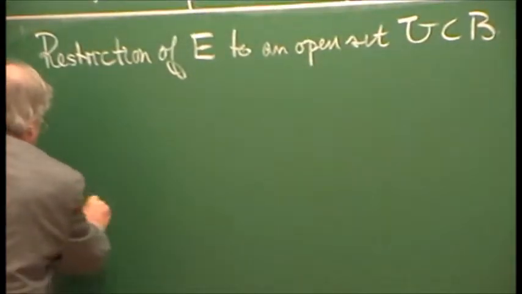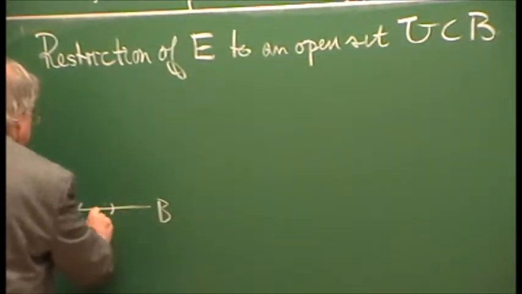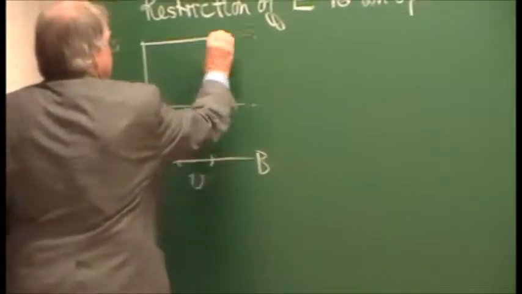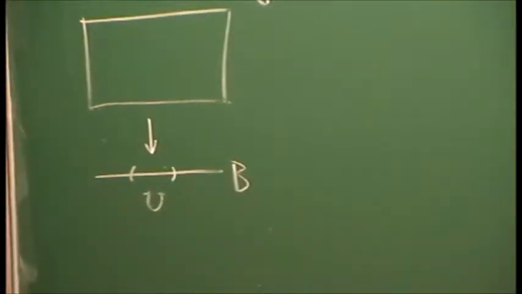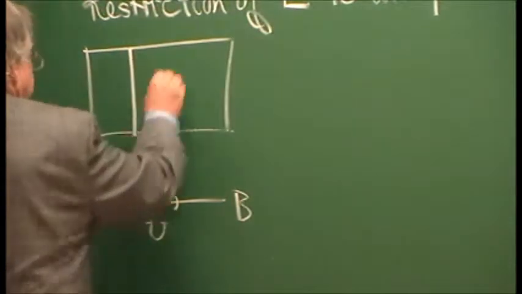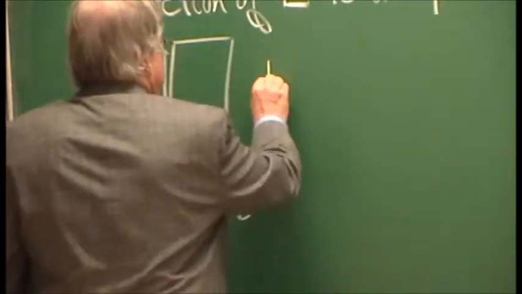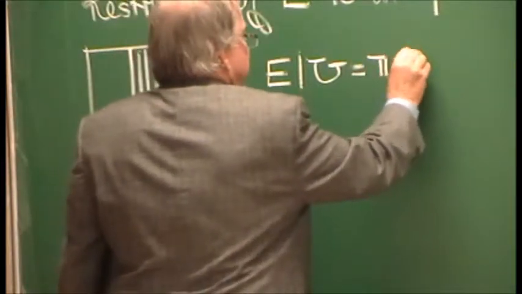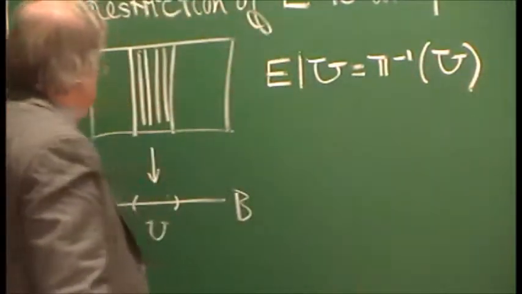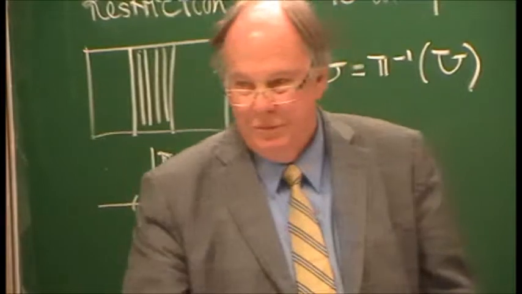Now this is really stupid, but at this level it could be any set. It means here's the base, and here is this open set, and here is E, and here is a projection. It means just look at the projection over the open set, that's it. So you restrict your attention to all the fibers over this open set, just here. So the restriction of E to the open set is simply the pre-image of the open set. This mapping is up. Okay, maybe that's really boring.